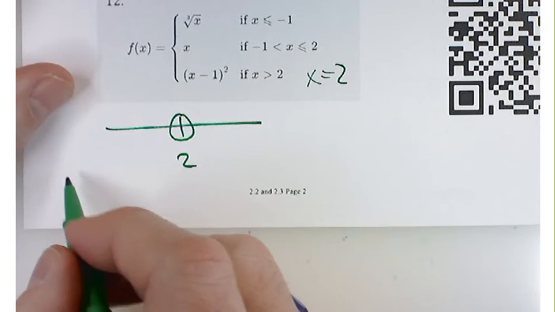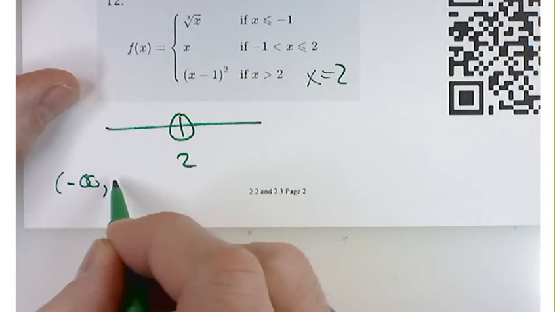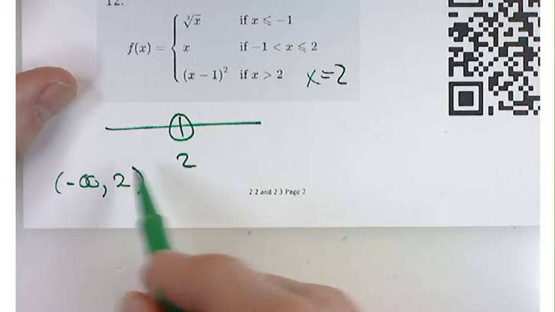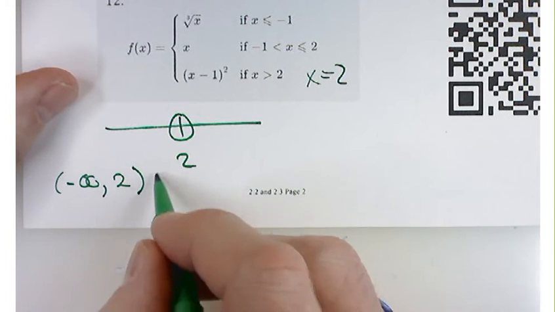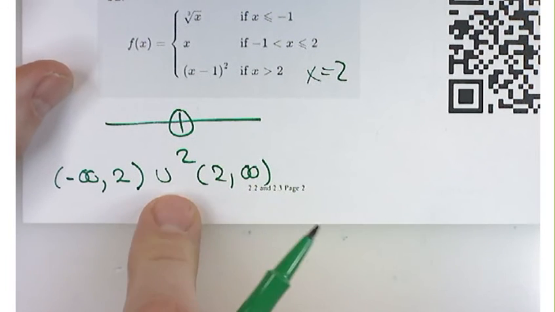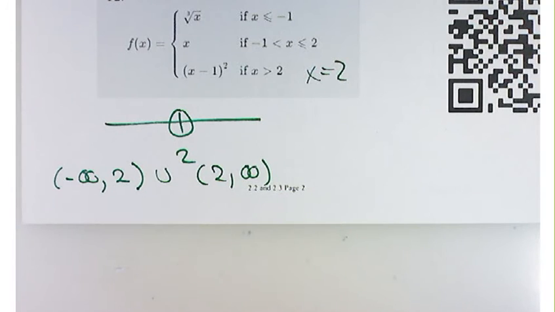So if you had to list it in intervals, it'd be negative infinity to 2, parentheses. Why a parenthesis? Yeah, because you're not including the 2. Union 2 to positive infinity. So basically, it's a fancy interval notation way of saying everything but 2. That's what you're looking for there.